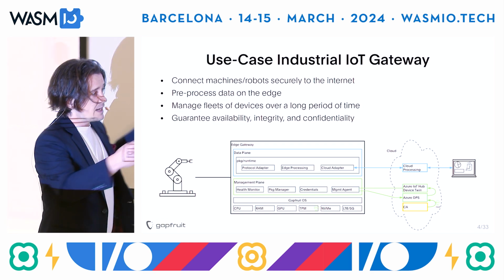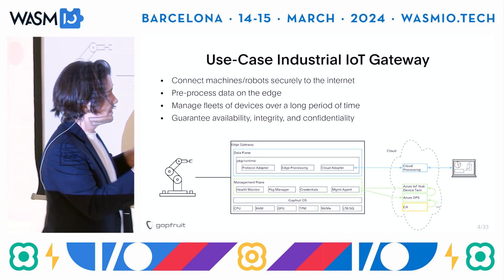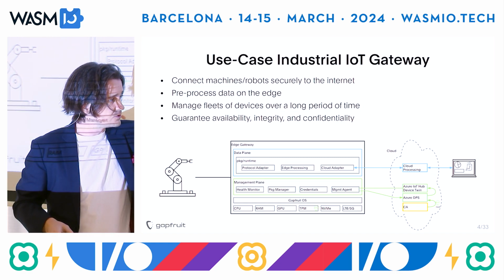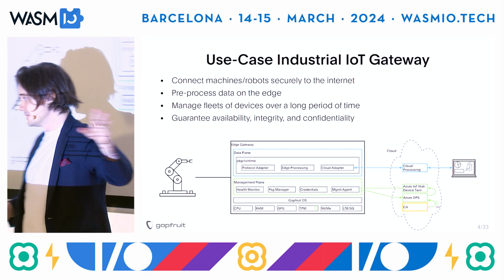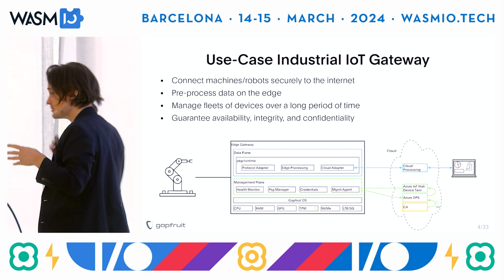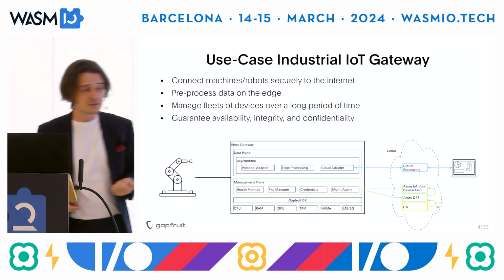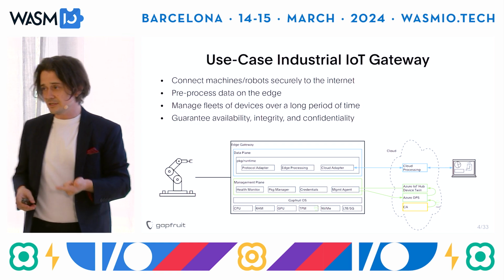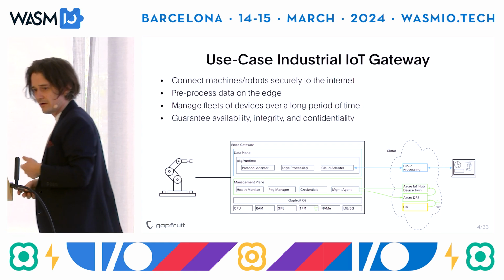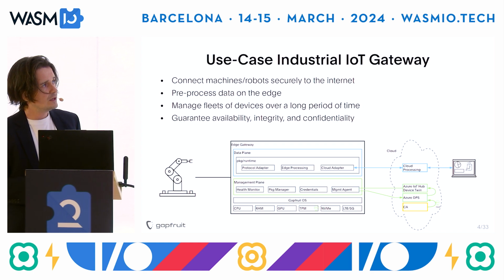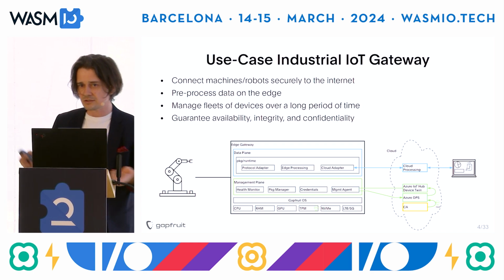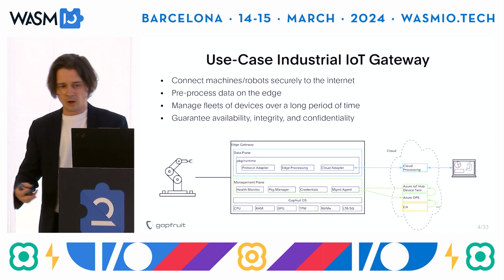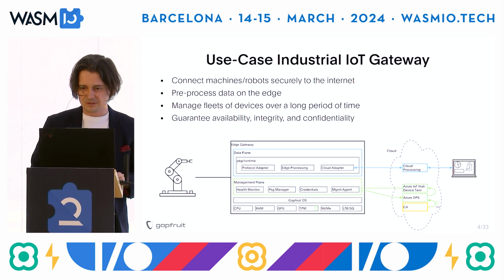Then this gateway acts as a first line of defense towards untrusted networks, such as the evil internet. So we have to guarantee the availability, the integrity, and the confidentiality of that industrial equipment, in that order. Industrial equipment needs to produce always. Otherwise, it gets very expensive.